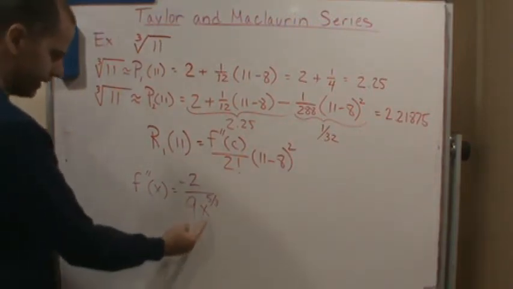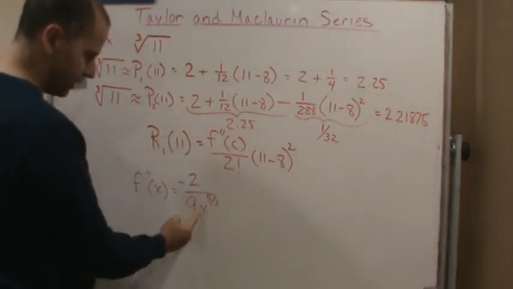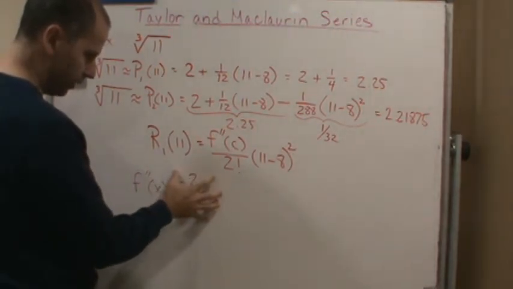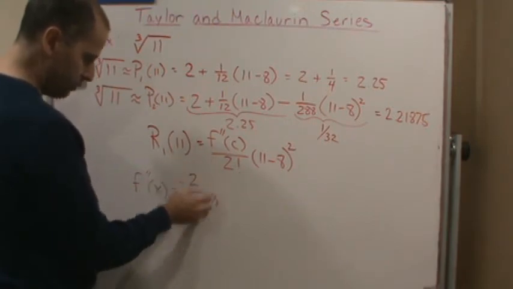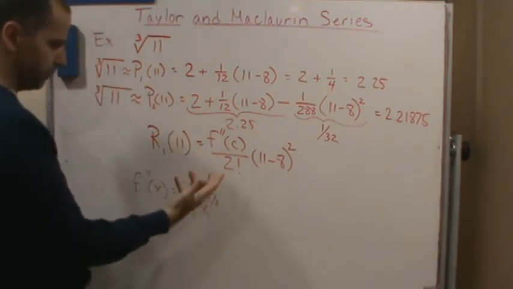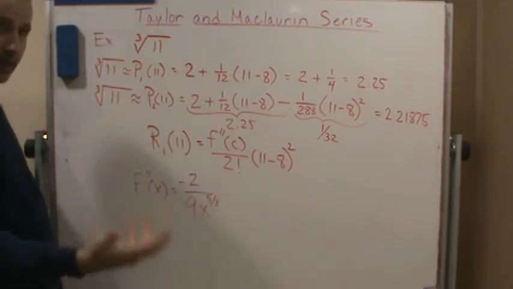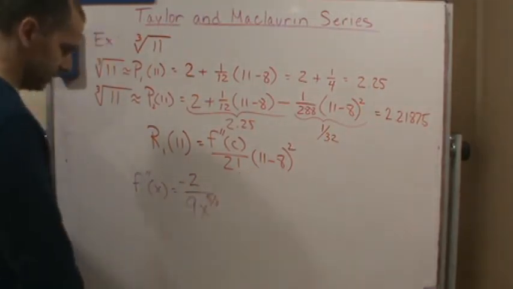Because x is in the denominator, as x gets bigger, this is getting smaller, and as x gets smaller, this thing's getting bigger. So the smallest x can be is 8.